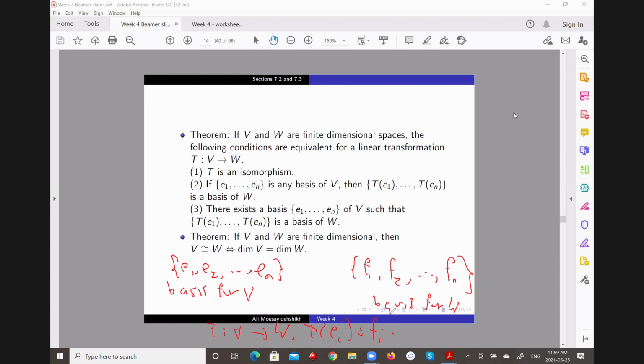I could define T this way. Remember, we can always define a linear transformation from one space to the other. We were doing that before when I said there exists a linear transformation always. And this becomes an isomorphism because I've constructed the basis to go to basis. Constructed is a better word to use than forced.